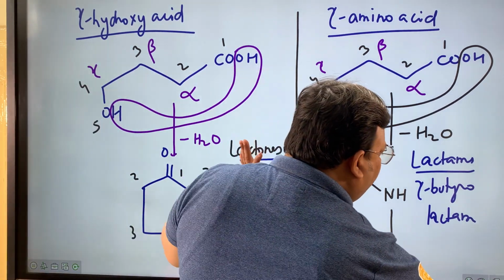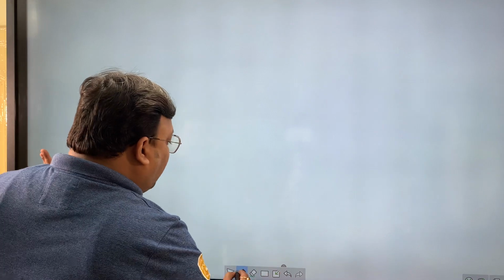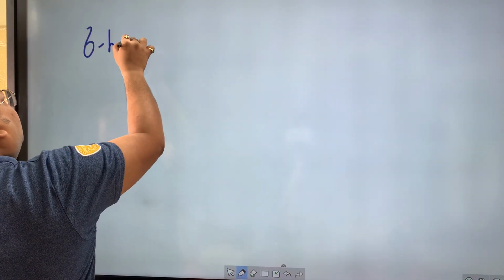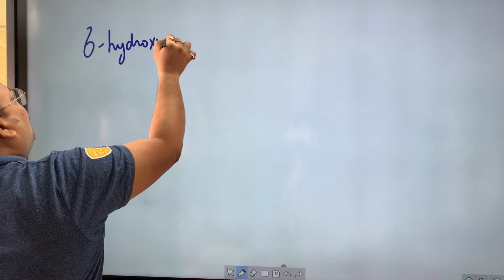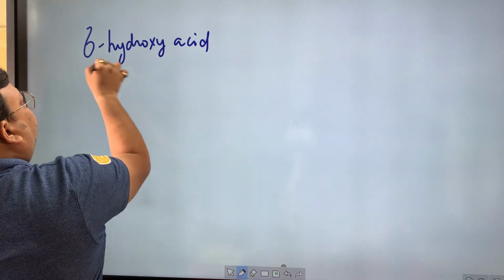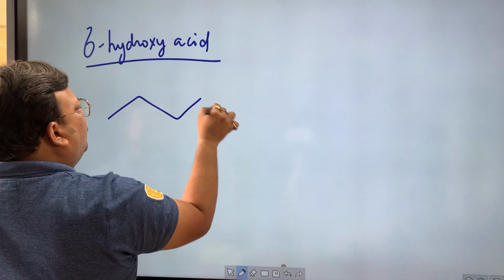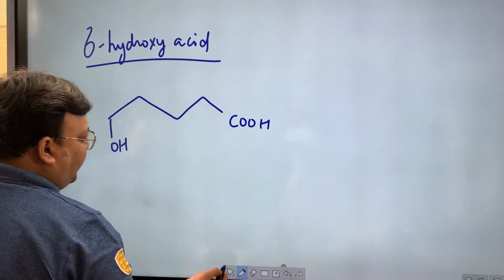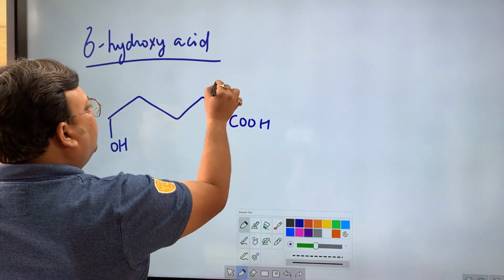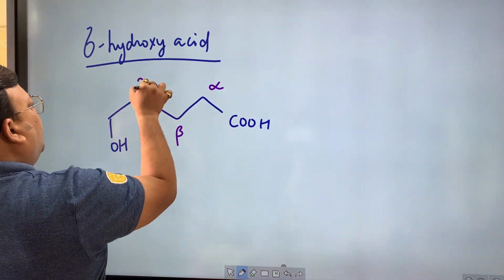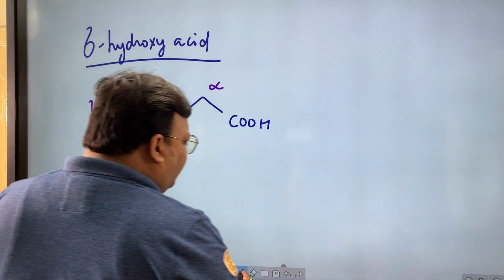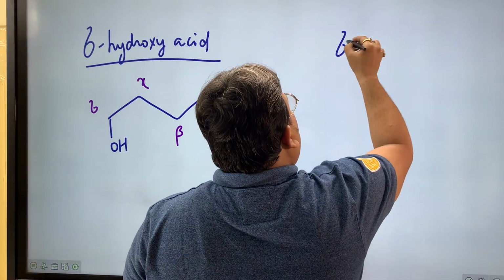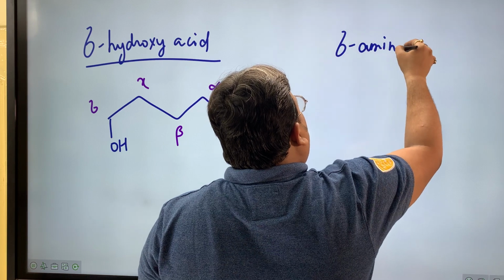I think most of you would have understood, in delta the same thing will happen, because in delta you will get a more stable 6-membered ring. So a delta hydroxy acid will look like an OH here, alpha, beta, gamma, delta, the natural sequence, and certainly it will give you a more stable 6-membered ring.